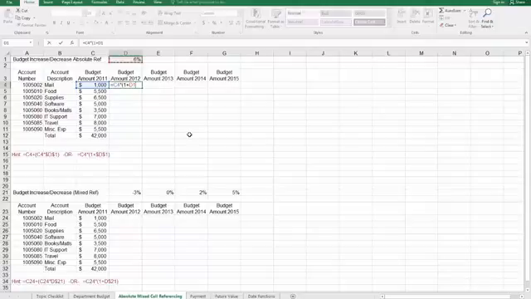I'm going to hit function key 4, F4, that shortcut key. So it is a relative cell reference to C4 multiplied by 1 plus the absolute value in D1. Of course, this gives us $1,060 for the second year.